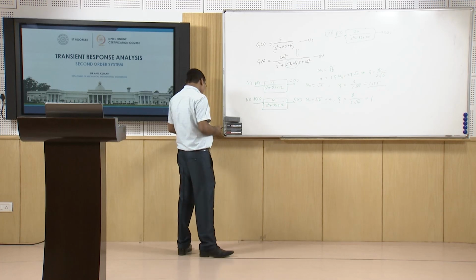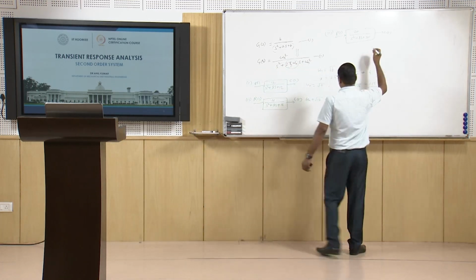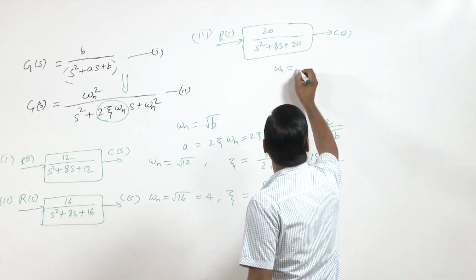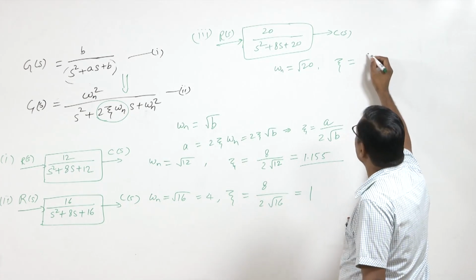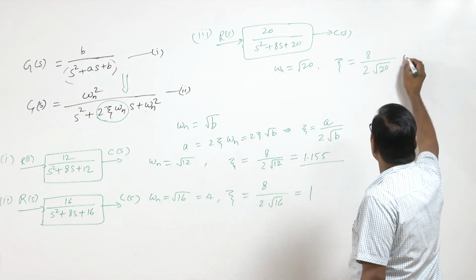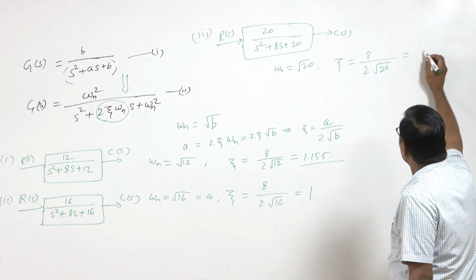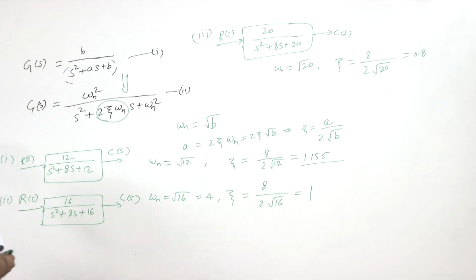And for the third case we have omega n equal to root 20 and damping equal to 8 by 2 root 20, that is 0.894.